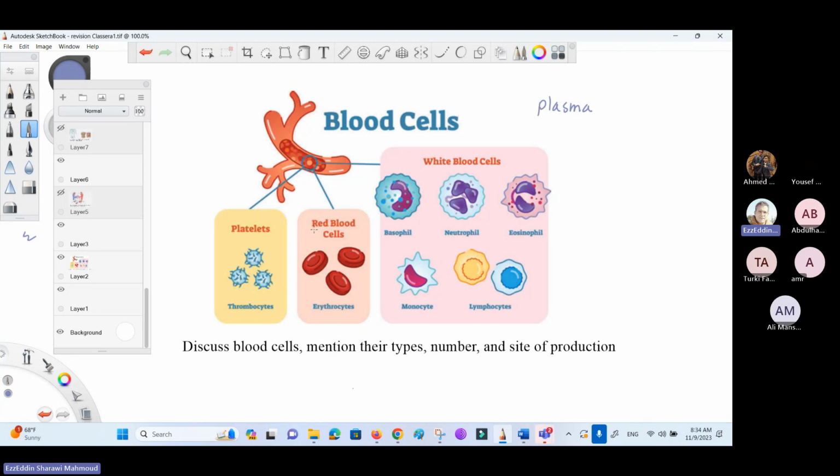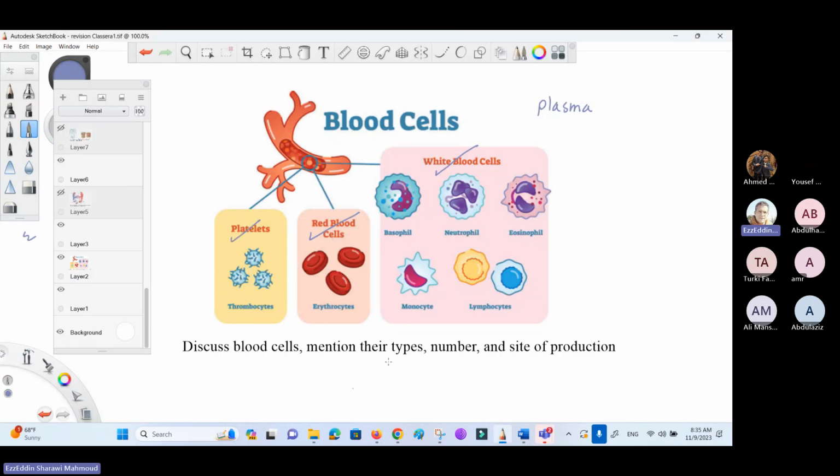The first one is red blood cells, called erythrocytes, and they have hemoglobin, so the color is red. The second one is white blood cells. They are bigger in size than red blood cells, and they have a nucleus. The last one is called platelets. They don't have a nucleus, but they are small cellular fragments.